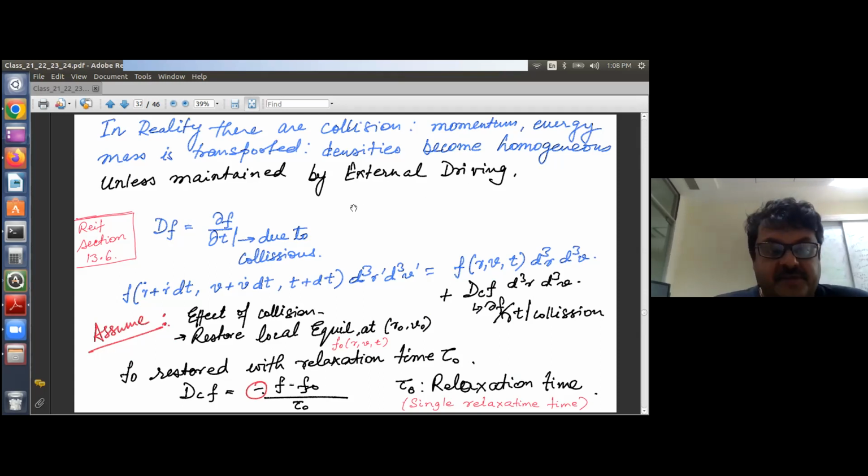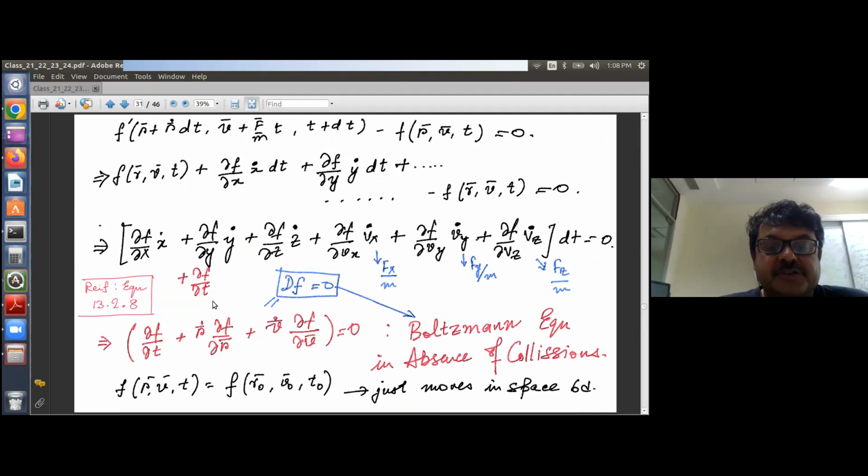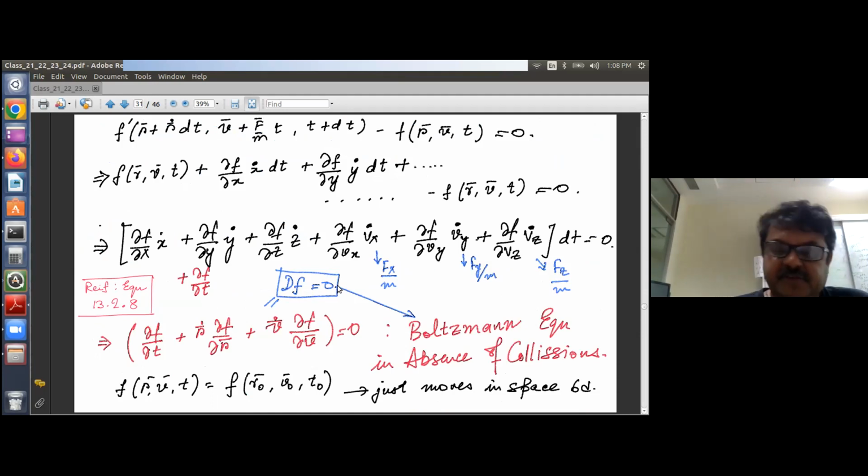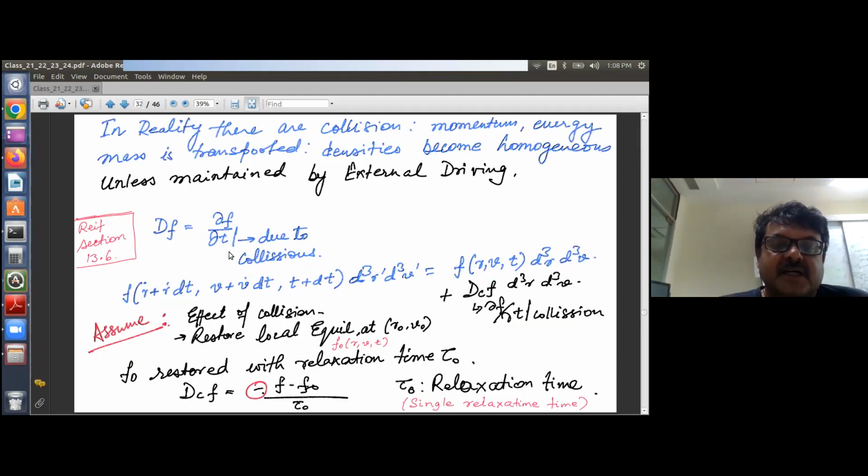So what you should write is not df equal to 0, where everything keeps on moving in the same direction in x and v space, but rather the distribution function will change explicitly as a function of time in a small interval dt, due to collisions.